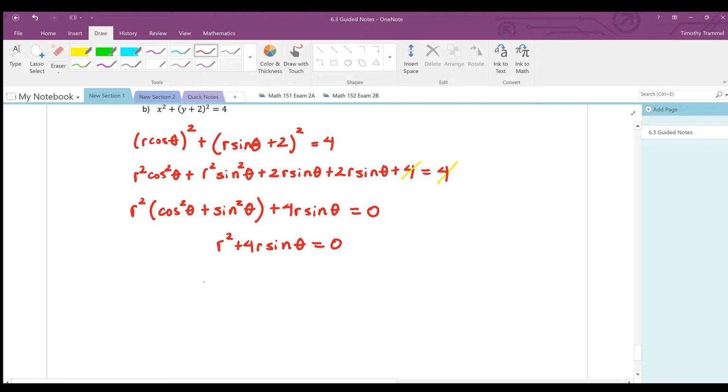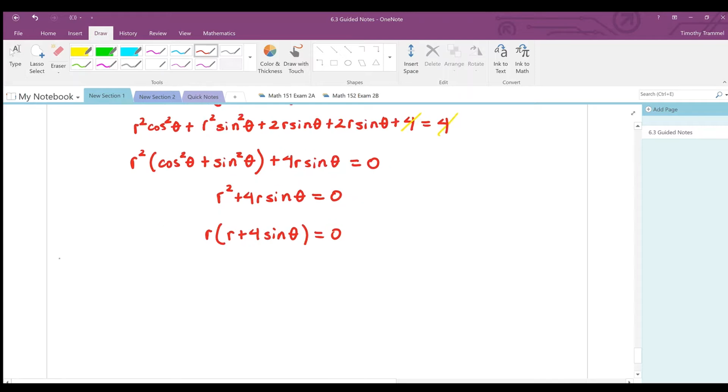If we do that, we have r times (r plus 4 sine of theta) is equal to 0, which tells us that either r is equal to 0 or r plus 4 sine of theta is equal to 0.